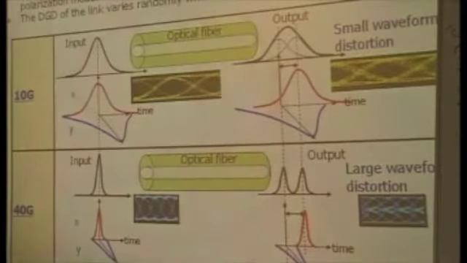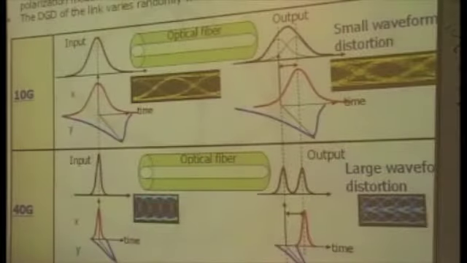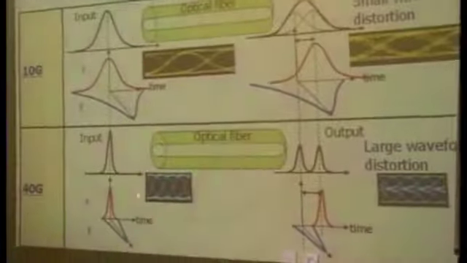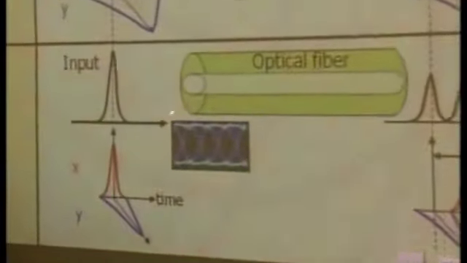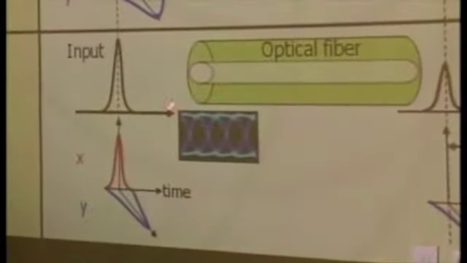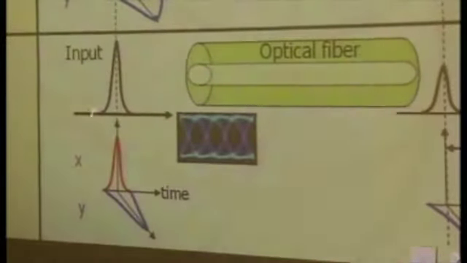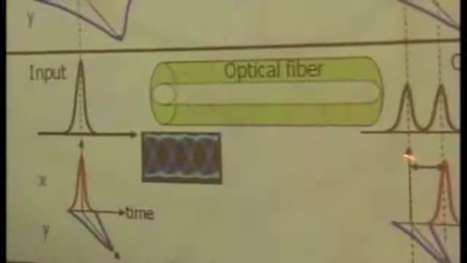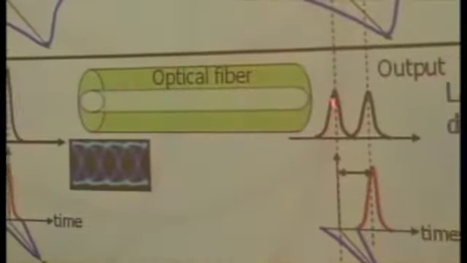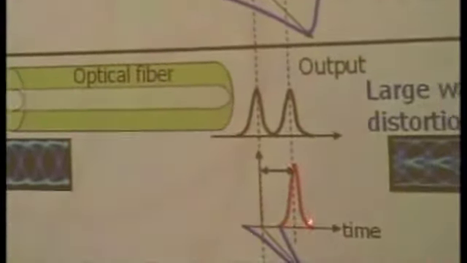Of course, this PMD is very significant for higher speed signals, for example 40G. 40G has a much narrower signal pulse in time than 10G. Even with a clear eye opening, if you transmit the 40G signal through optical fiber, it will split into such pulses.